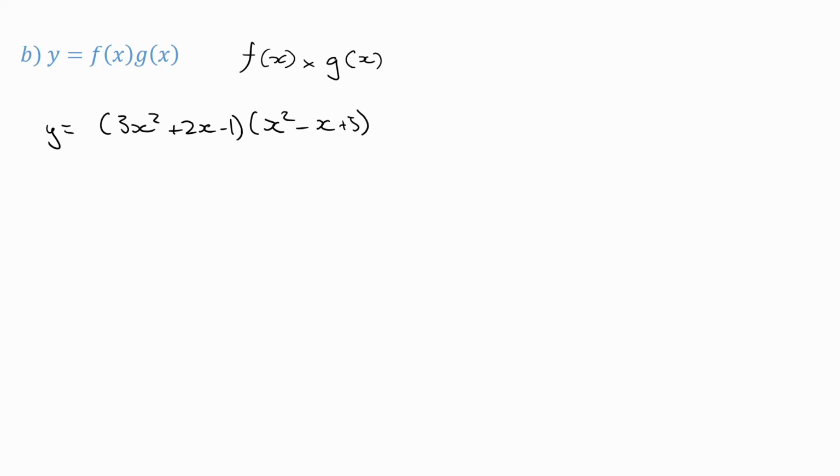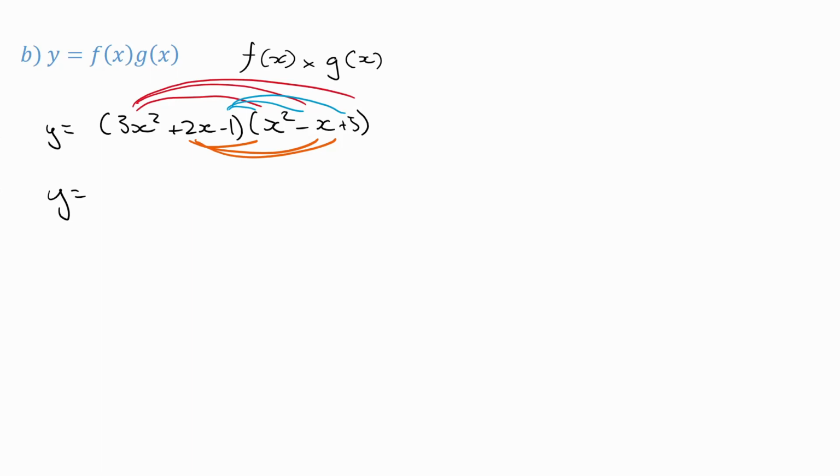Now you do these like you would with any binomial expansion. You draw your arrows showing what you're multiplying, like that. I'll color code them just to make it a little easier.